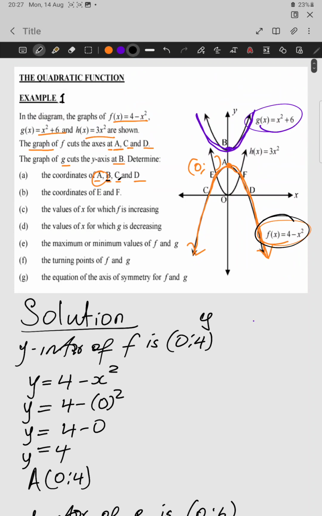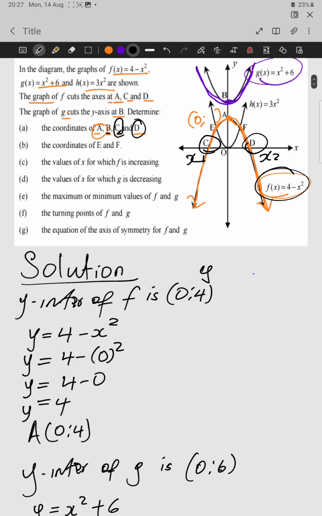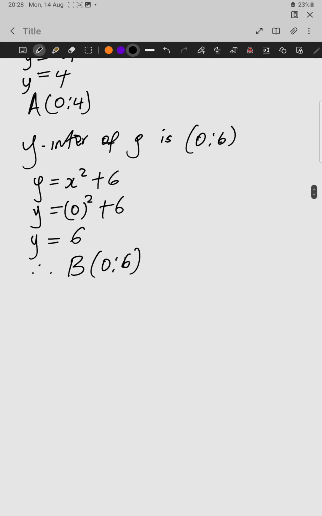And then c, what about c and d? So c and d, it's easy because points c and d are the x-intercepts, that is x1 and x2, of exactly the same function, the one that I've highlighted in orange. So we're going to use this equation, then we solve for x, because from there the y value is 0.